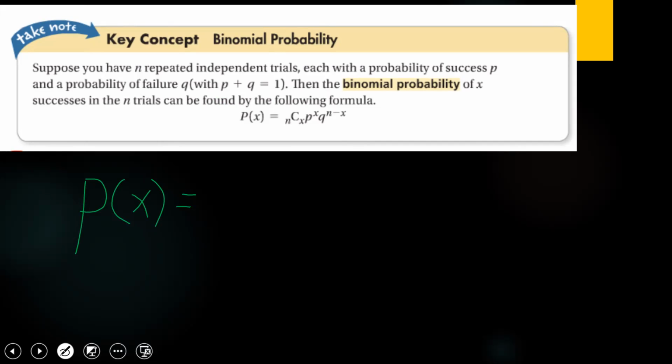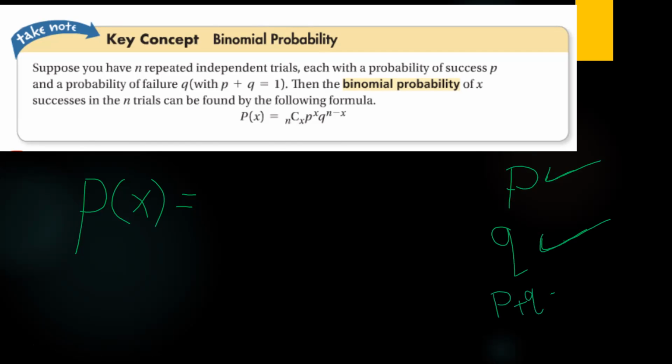Since we have only two outcomes, the probability of success we write as P, and the probability of failure we write as Q, like win and loss, boy and girl. Of success, we write P. Of failure, we write Q, where P plus Q must equal 1.